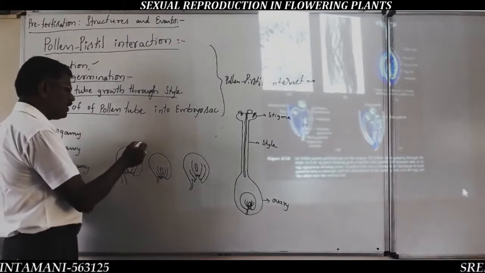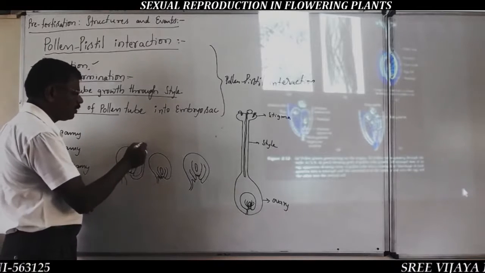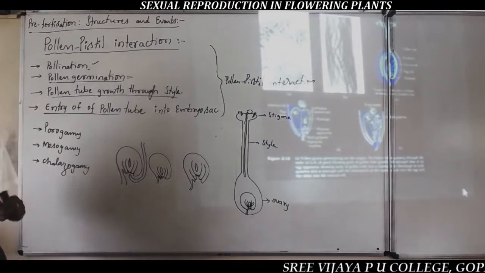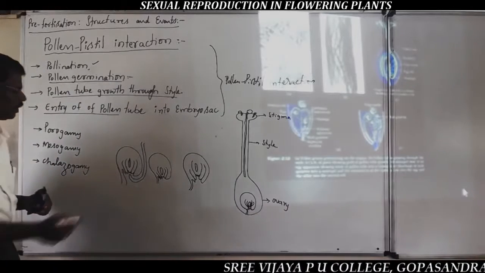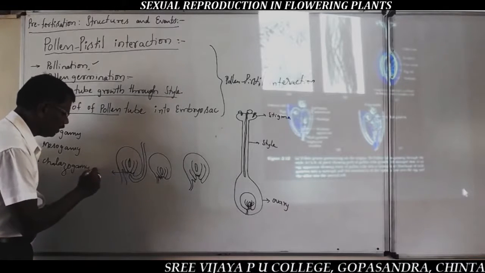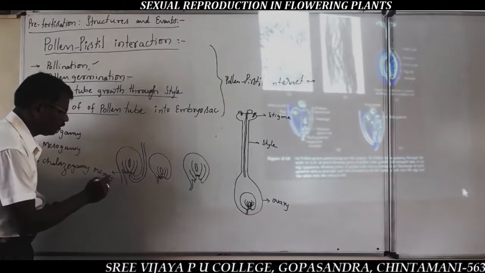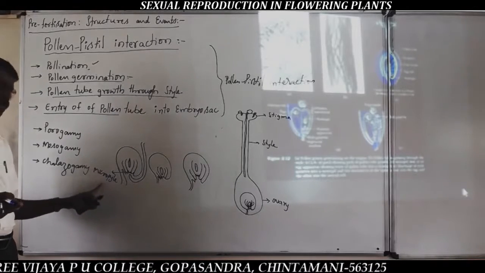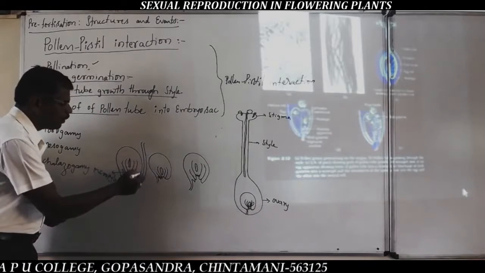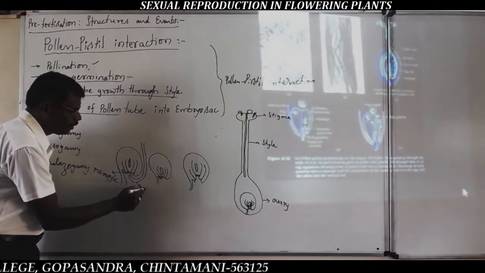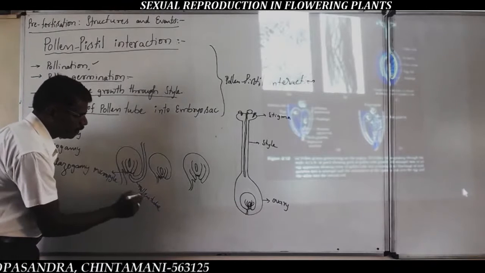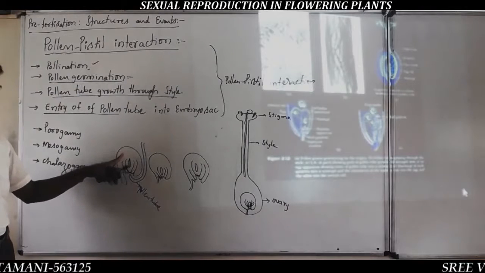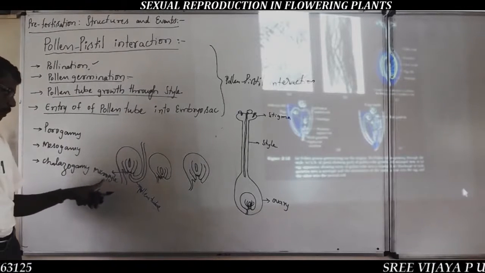Here the pollen tube enters the ovule through the micropylar pore, the micropyle. Through the micropyle only, the pollen tube enters the embryo sac or the ovule.